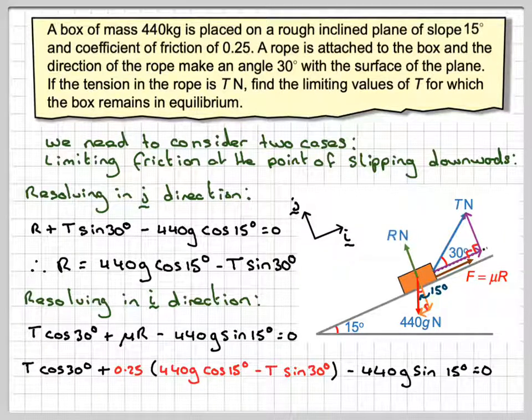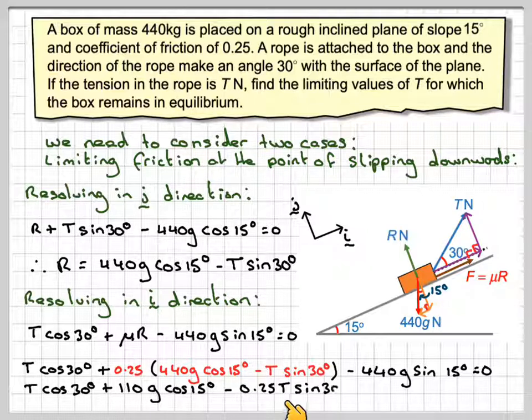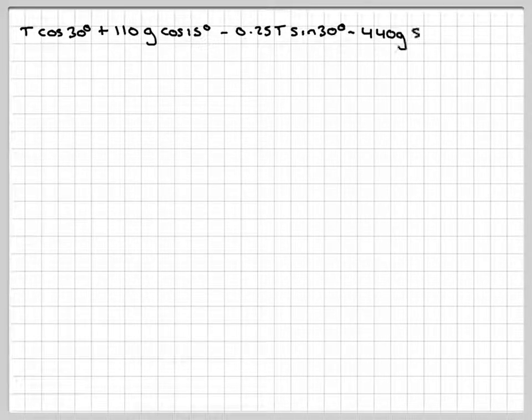So we're going to have T cos 30 plus 110 g cos 15 minus 0.25 T sine 30 minus 440 g sine 15 is equal to 0. Again, I would leave these sine and cos exactly as they are. So just writing that line out again. We've got here T cos 30 and 0.25 T sine 30.